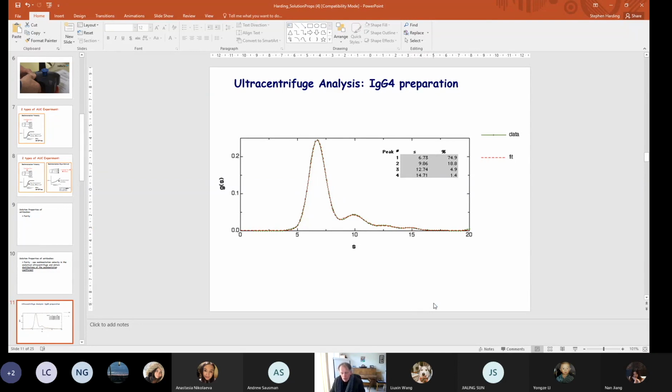A pure preparation would have everything around, for an antibody, 6.7 Svedbergs. So we've got a peak around here, 6.7. We've got another peak here, 9.86. Another peak here, 12.74. And another peak here at 14.71. So you've got this heterogeneous mixture of components.